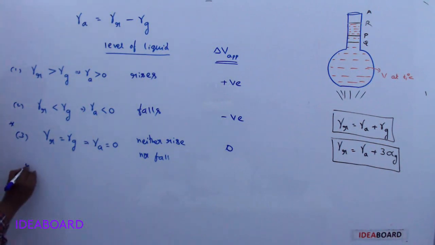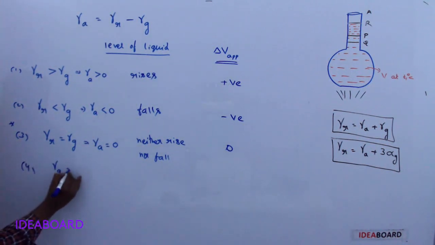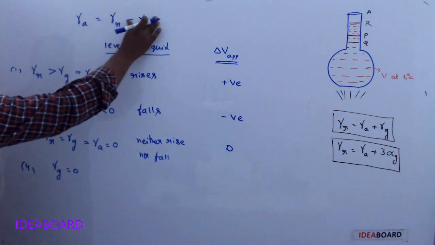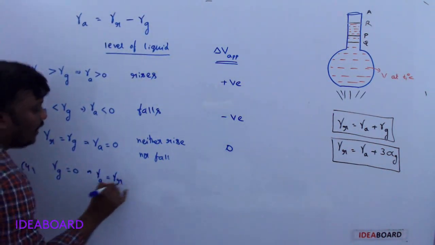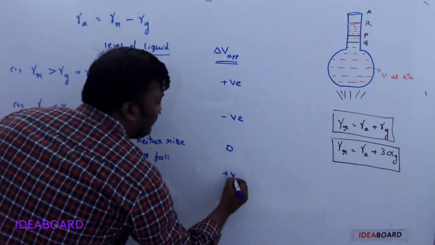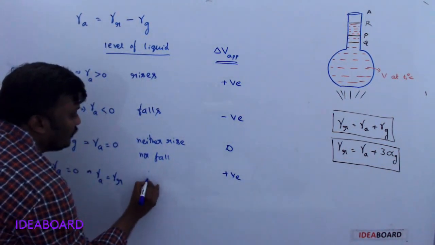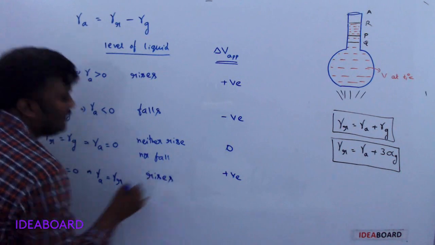Suppose gamma G is equal to 0, then gamma A is equal to gamma R, which is positive, so the liquid level rises.